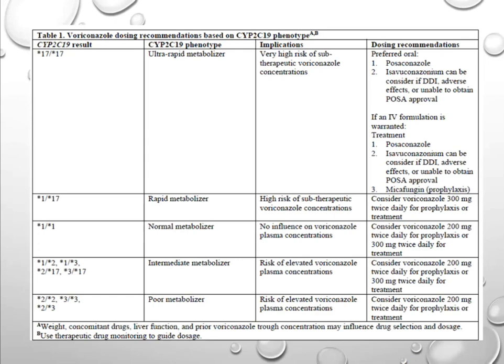We actually utilize this for our acute leukemics who come in who are going to need antifungal prophylaxis, often with Voriconazole. If we have patients who are ultra rapid metabolizers, we avoid Voriconazole and use an alternative agent such as Posaconazole, Isavuconazole, or micafungin. For rapid metabolizers, we use a higher starting prophylaxis dose of 300 milligrams twice a day instead of 200 twice a day. And our poor metabolizers, we rarely push them beyond 200 milligrams twice a day.